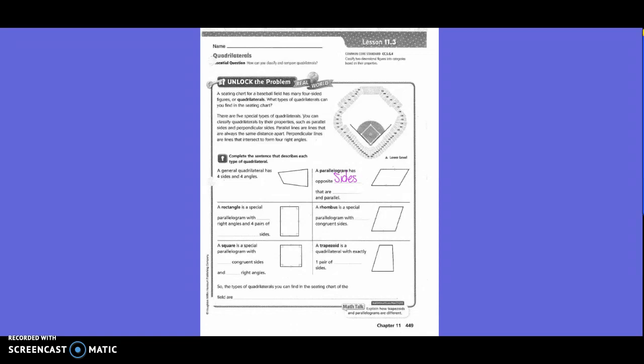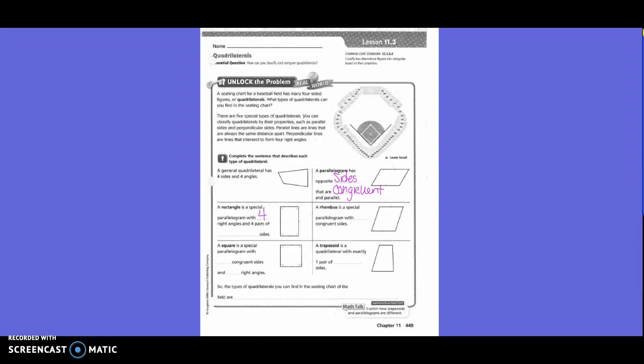Equal, but what's another math term? What did it say up here? Congruent, right? And parallel. A rectangle is a special parallelogram with how many right angles?